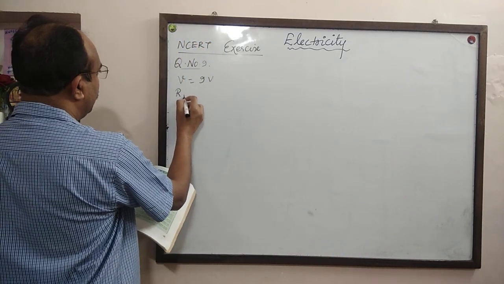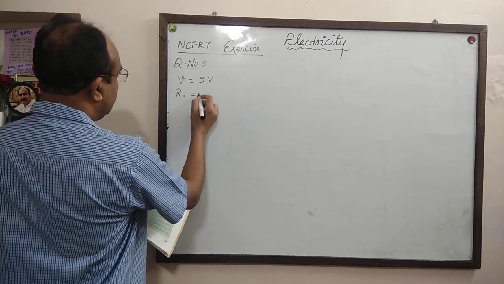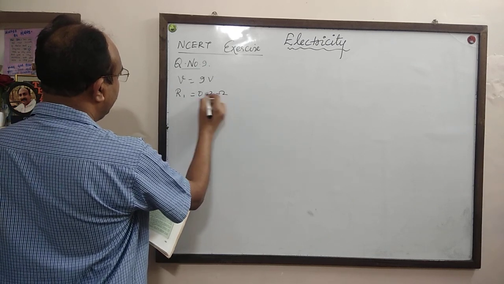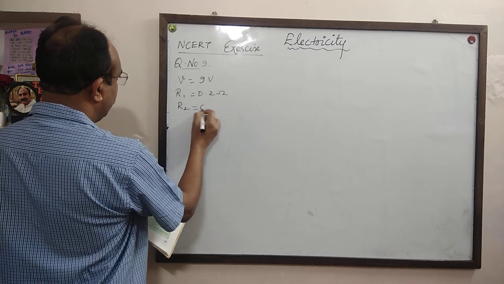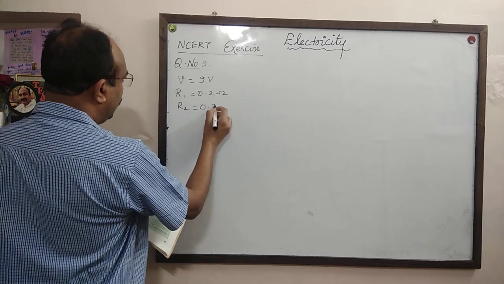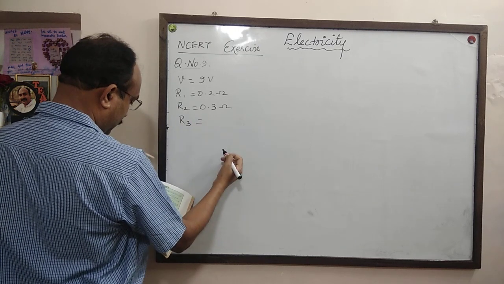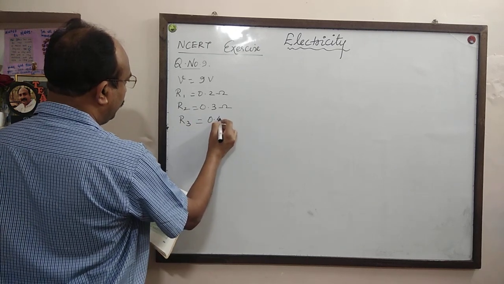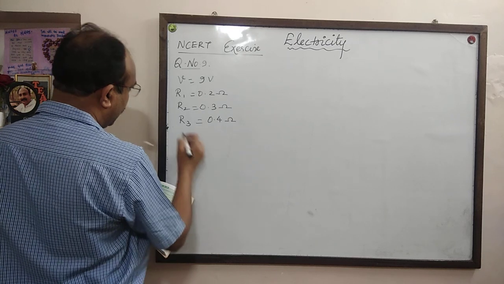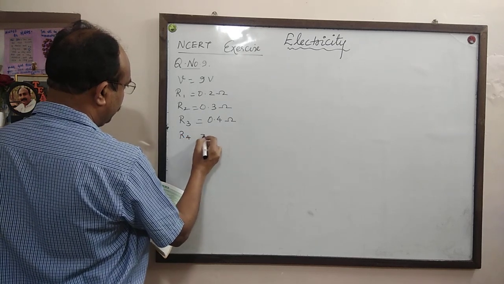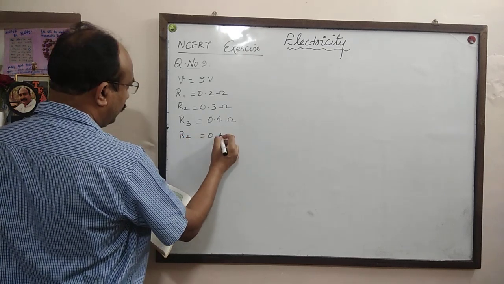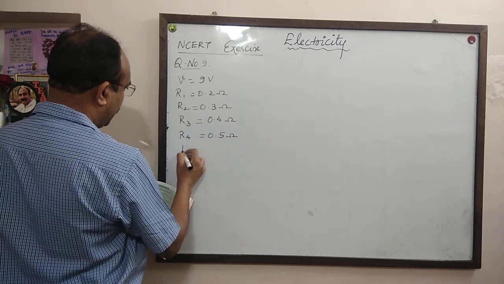So R1 is equal to 0.2 ohm. R2 is equal to 0.3 ohm. R3 is equal to 0.4 ohm. R4 is equal to 0.5 ohm.